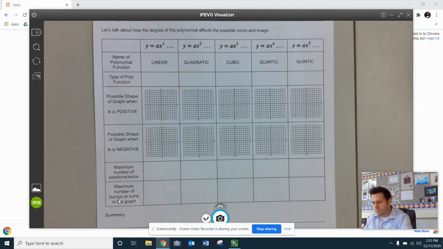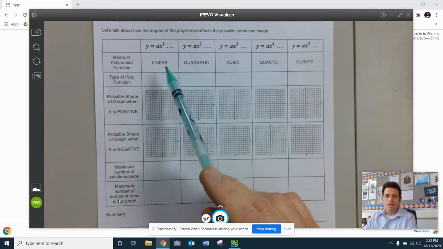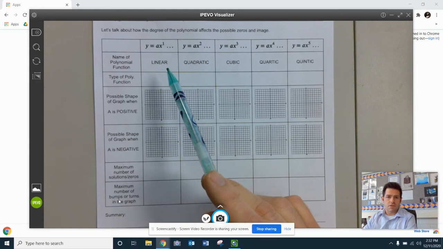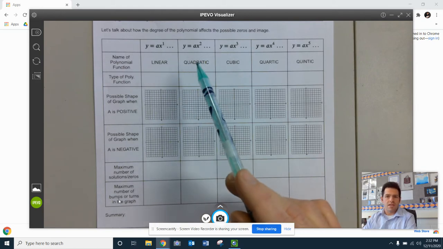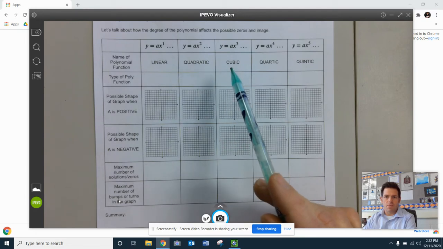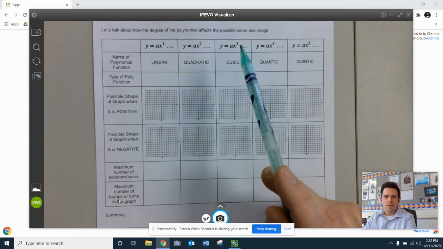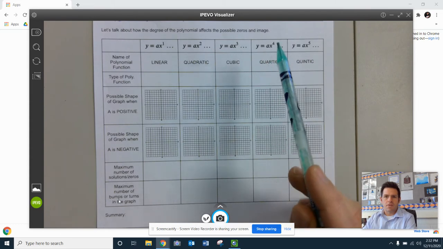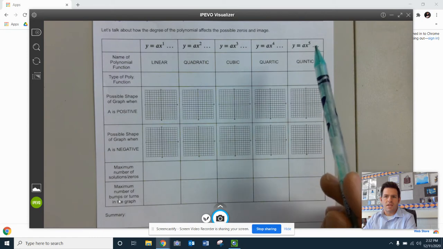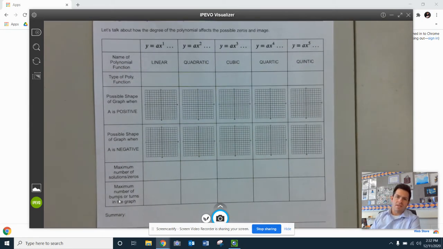So I'm going to start off with referencing what we've seen before so far in the class, which is our linear functions, which we saw a lot of in Algebra 1, quadratics, which we spent plenty of time talking about here in Algebra 2, and then we're going to move on to cubic, which has a degree of 3, quartic, which is a polynomial with a degree of 4, and then quintic, which has a polynomial that has a degree of 5.